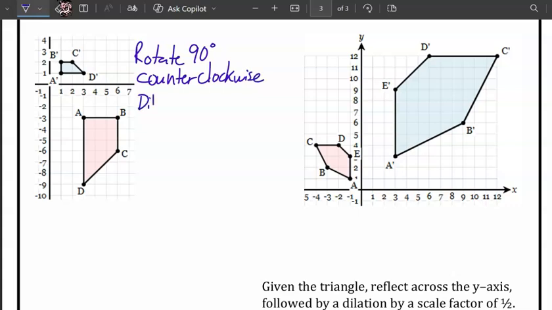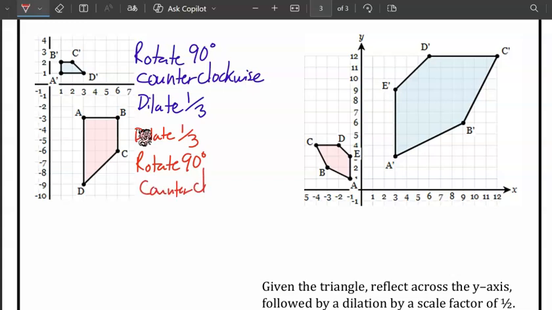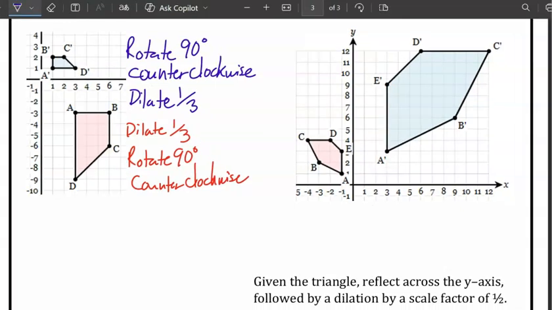Then dilate by 1/3. So you reduce the size. You could also do this in reverse order, you would get the same thing. Or you could rotate 270 degrees clockwise.